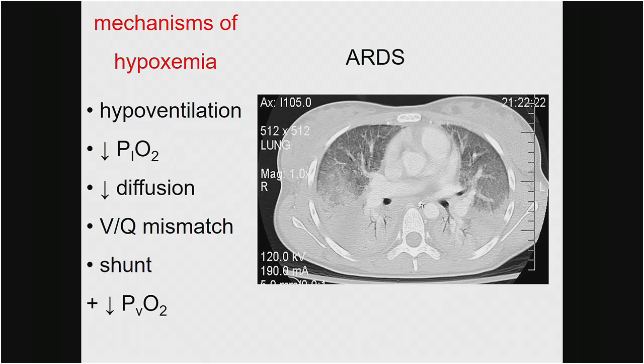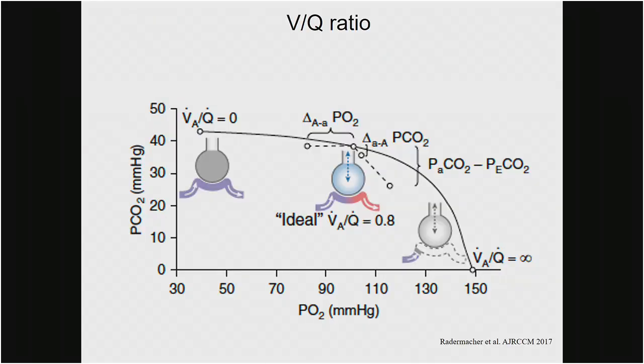We're not going to talk about the decrease in inspired pressure of oxygen, which relates to high altitude hypoxemia. Decreased diffusion is not very common in patients that are mechanically ventilated in the ICU. So we'll be focusing mostly on VQ mismatch and shunt. Next slide, please. So here's the concept of ventilation perfusion matching or ratio.